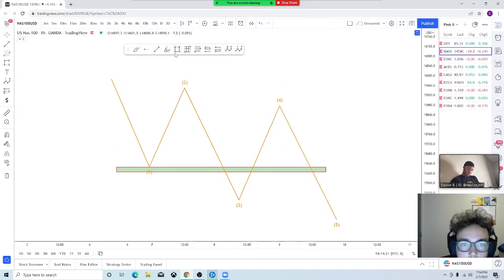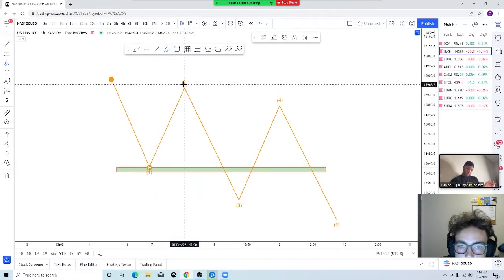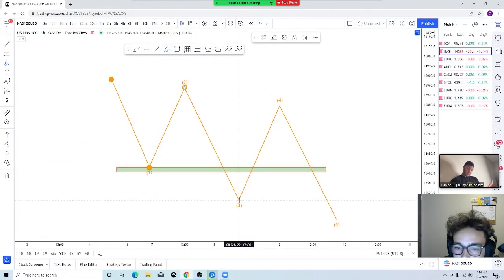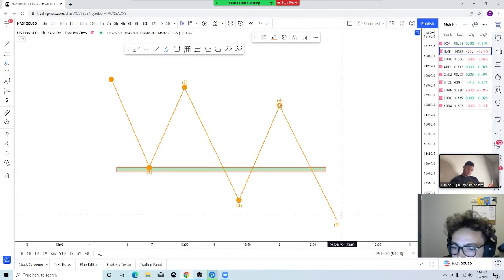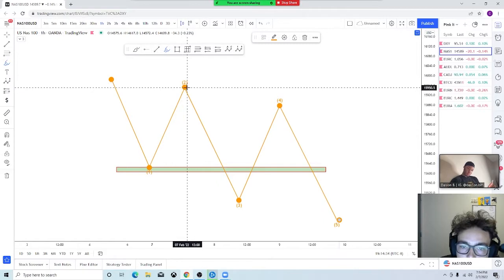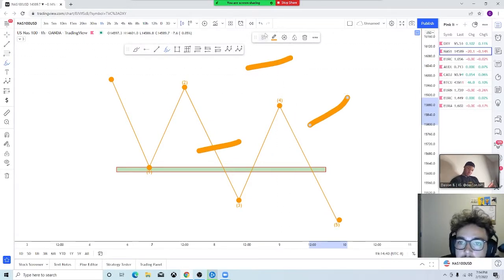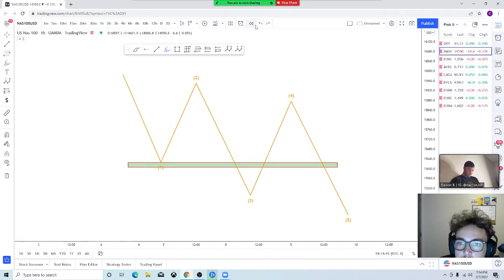So now we're making lower highs and lower lows, lower highs and lower lows, right? When we were going on the uptrend, we were making higher highs and higher lows, higher highs and higher lows, right? So you can start to see this in the market everywhere once you really look.